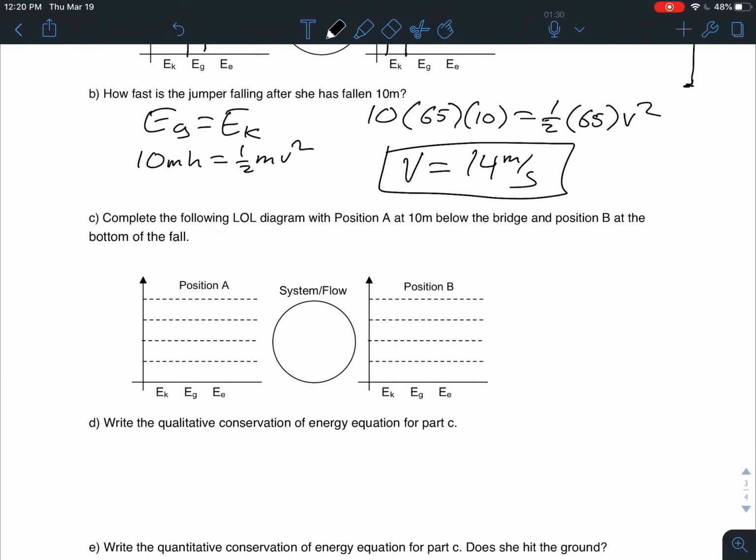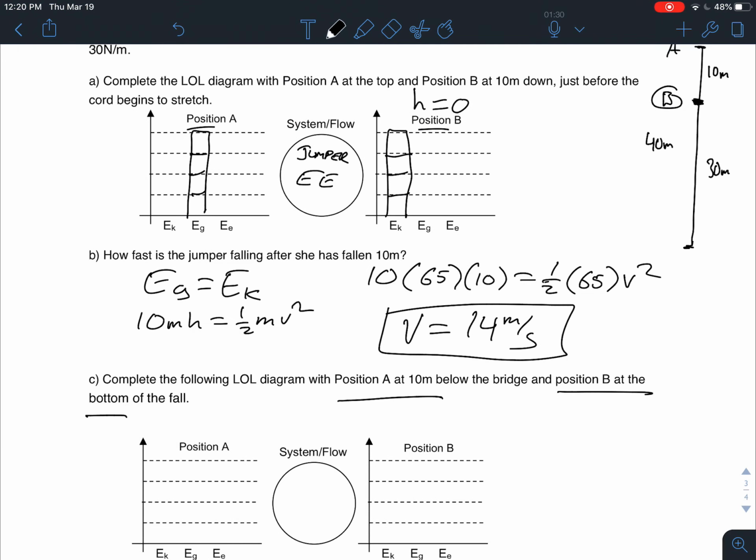All right, so now position A is 10 meters below the bridge, and position B is at the bottom of the fall, not at the ground, at the bottom of the fall. So how far does she fall? I don't know. And we don't actually know if the bungee cord's good enough to stop her from hitting the ground.